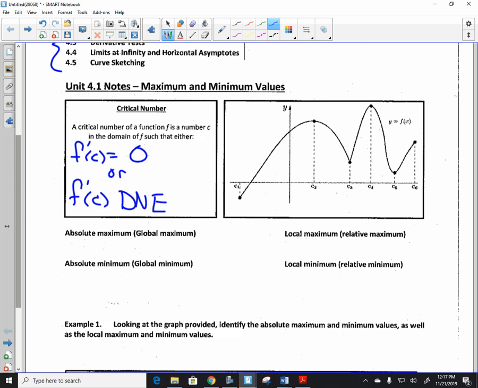So as you look at this, we want to identify where there are critical points. And the first one is right here. This is a critical point because it's an endpoint. And at endpoints, f prime of c does not exist.